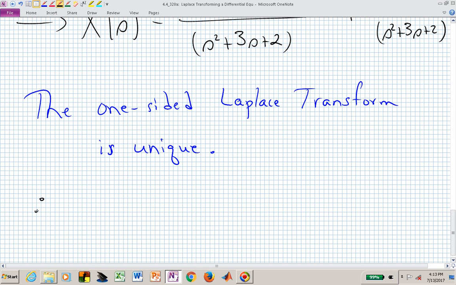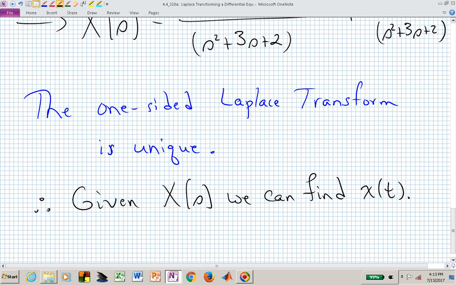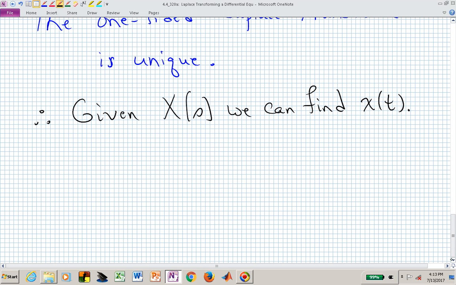Or stated another way, therefore, given capital X of S, we can uniquely find the time domain version, or the inverse Laplace transform, of that capital X of S. And just like we established notation to go from the time domain to the frequency domain, we'll have similar notation to go from the frequency domain back into the time domain, and maybe you can anticipate what that notation will look like.